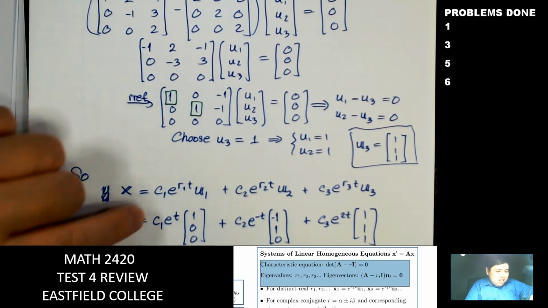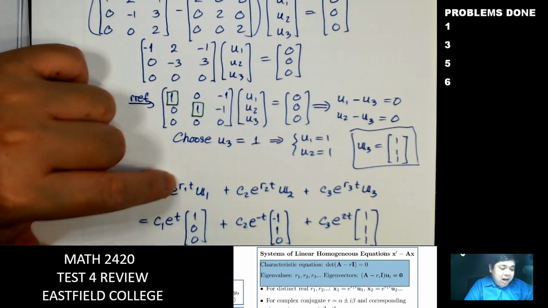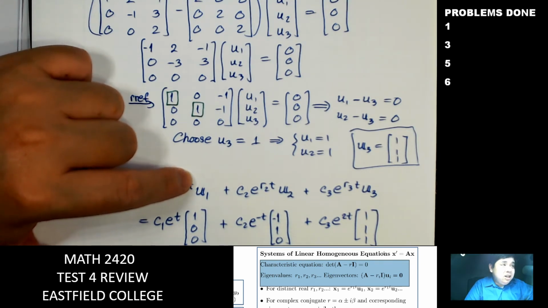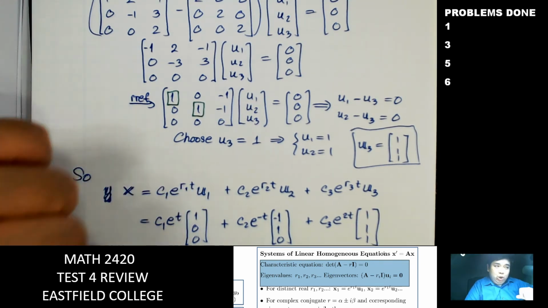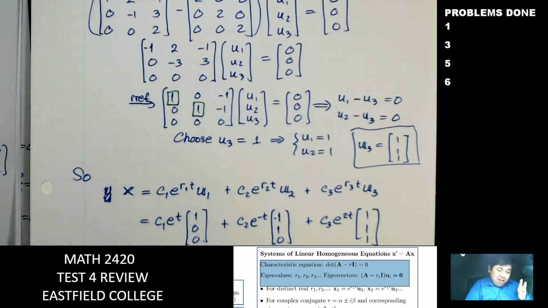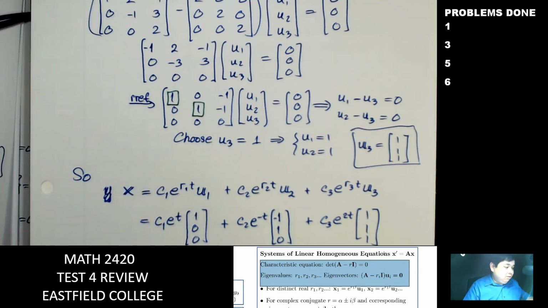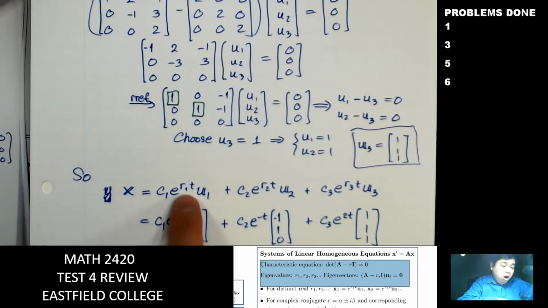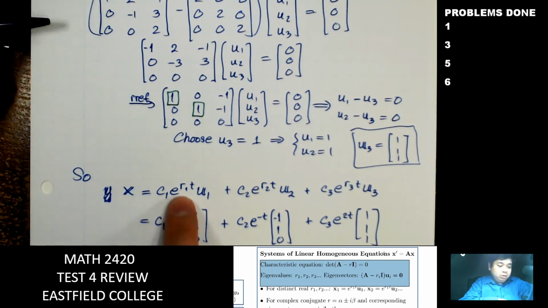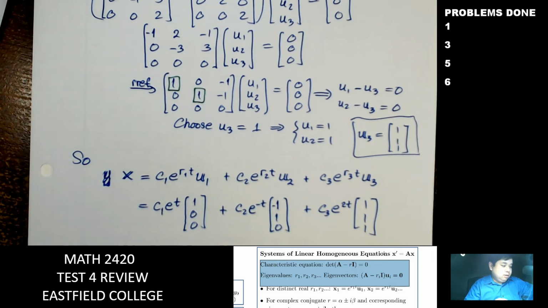So c times e to the eigenvalue times t times the eigenvector, because I write u, so that is the eigenvector corresponding to the eigenvalue r1.